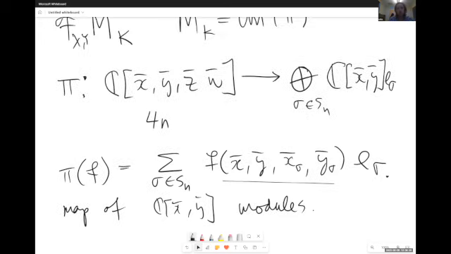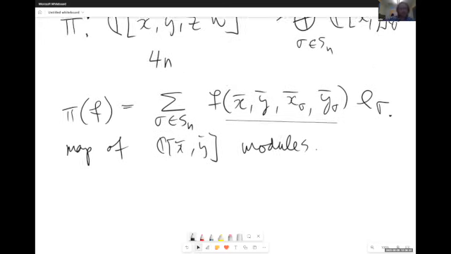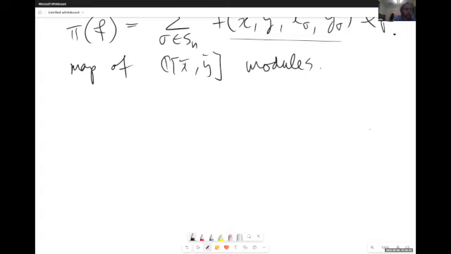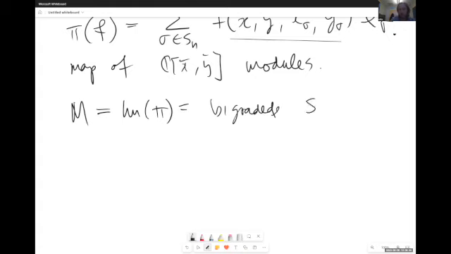And then M is defined as the image of this map. And so M, which is the image of pi, is a doubly graded S_n cross S_n module.